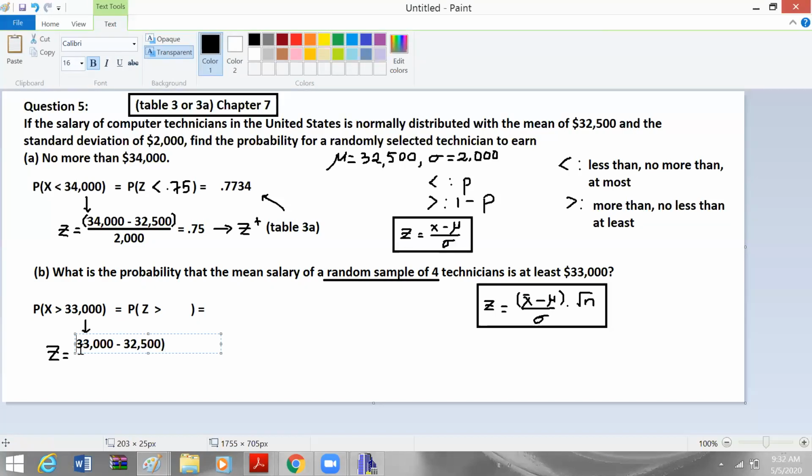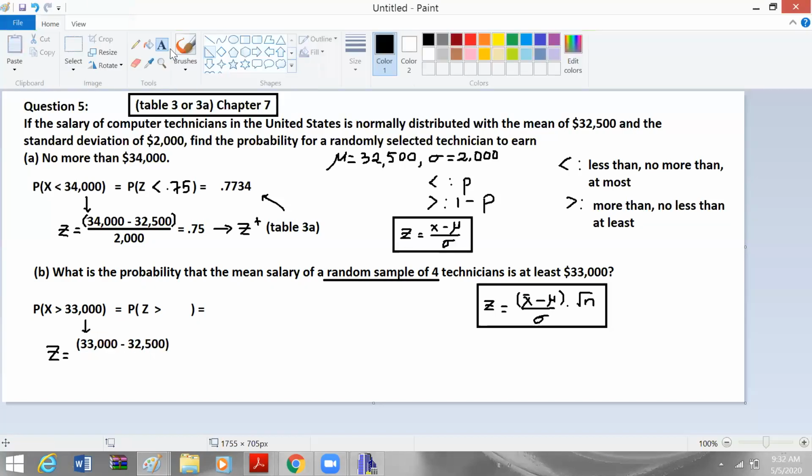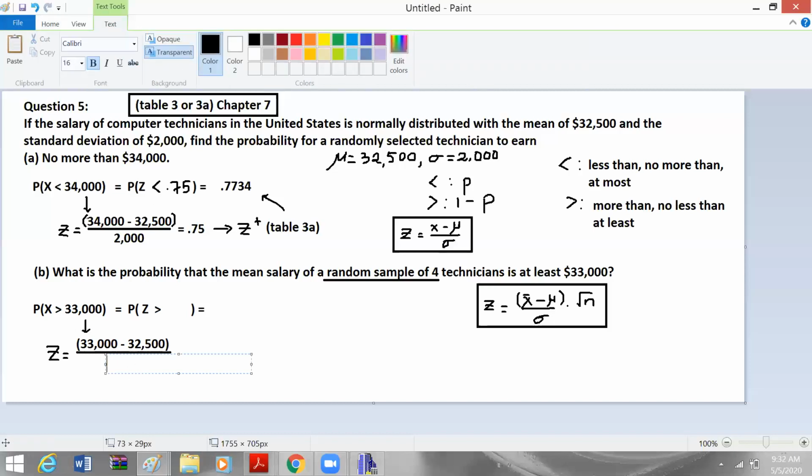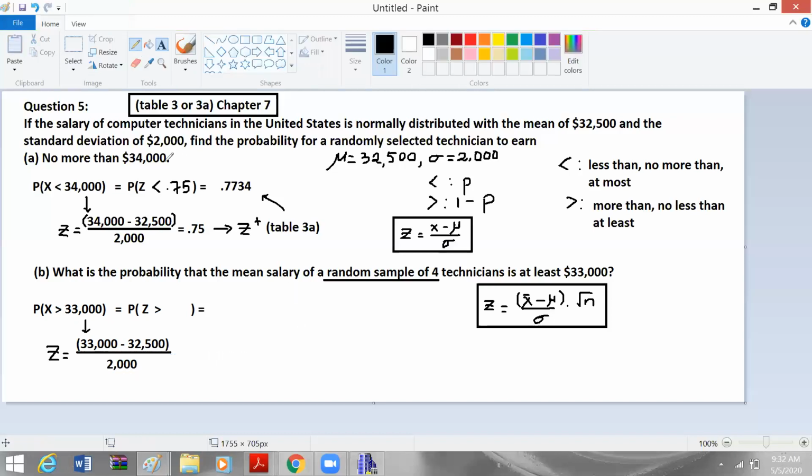Making sure that we open and close parentheses so that we don't make mistakes on it. And then we divide it by the standard deviation, which is 2,000. And then we multiply by radical n.